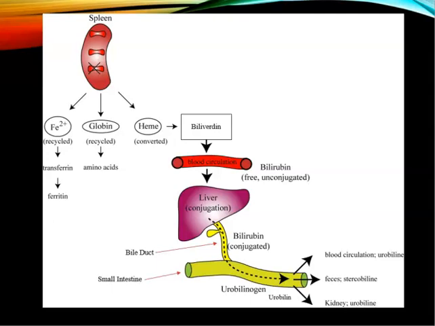Now, let's look at this chart to map out the information that we've just learned on these two previous slides about red blood cell degradation. What's the first thing we learned? We learned that red blood cells die off about 120 days. So they go to the spleen.